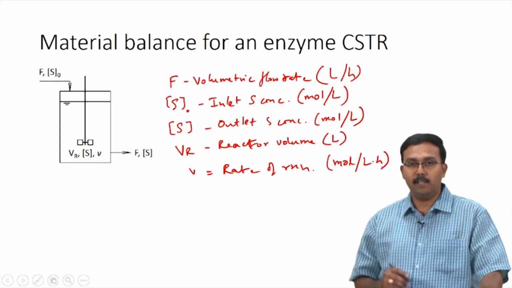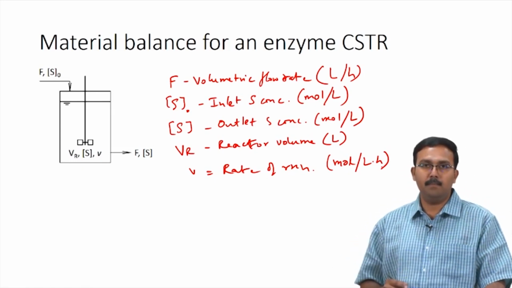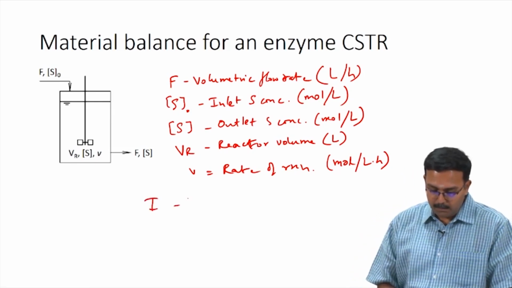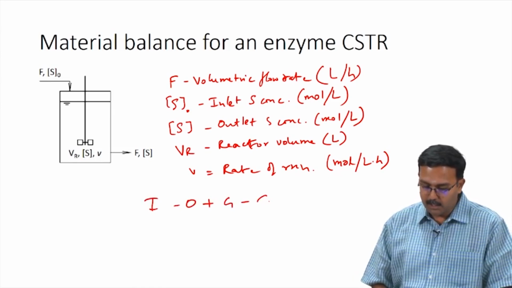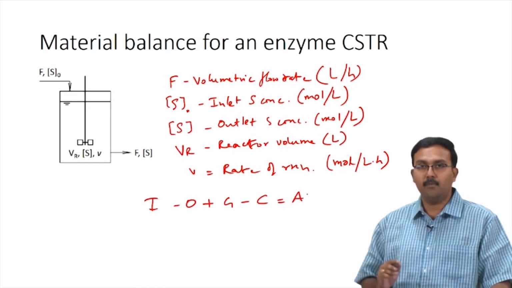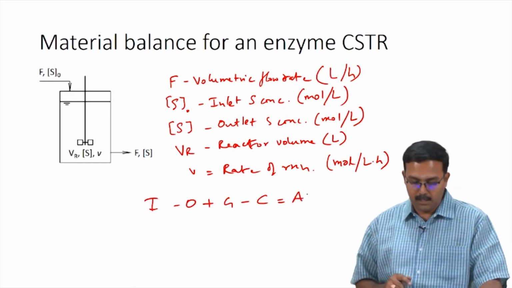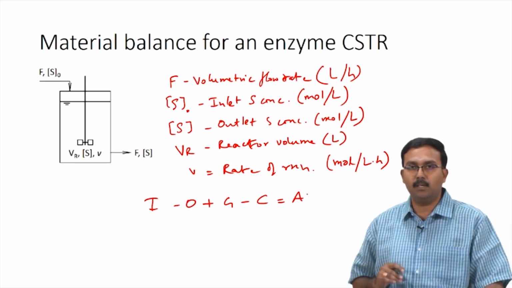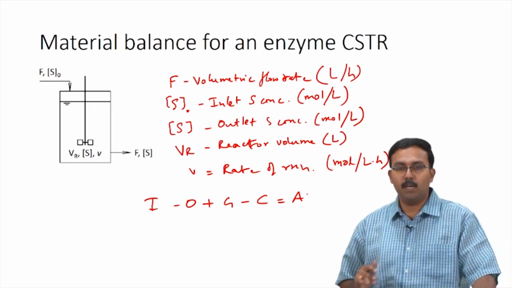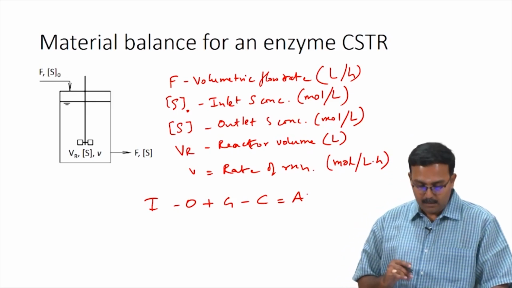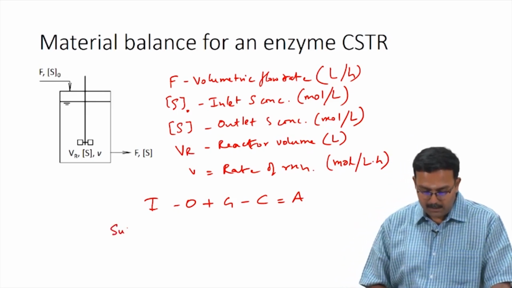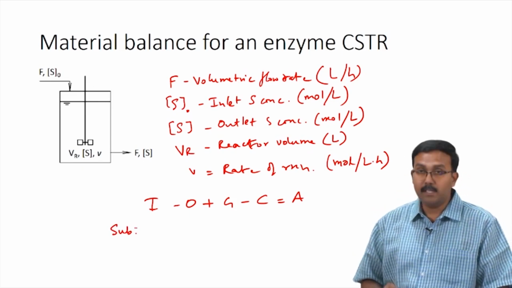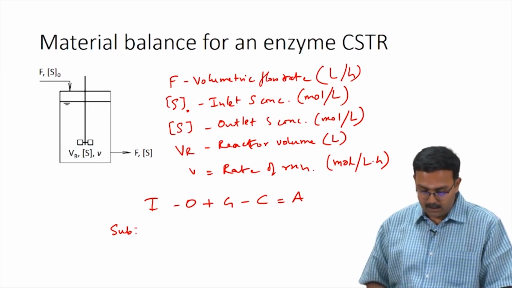Now that we have all these parameters, let us start writing the balance equation for the substrate. We start with input minus output plus generation minus consumption equals accumulation. For the time being, let us not assume steady state. We will write all the terms and then cancel out those which can be removed at steady state conditions. So, we are writing the substrate balance. Substrate is a reactant, which means there is no generation term, you only have a consumption term.